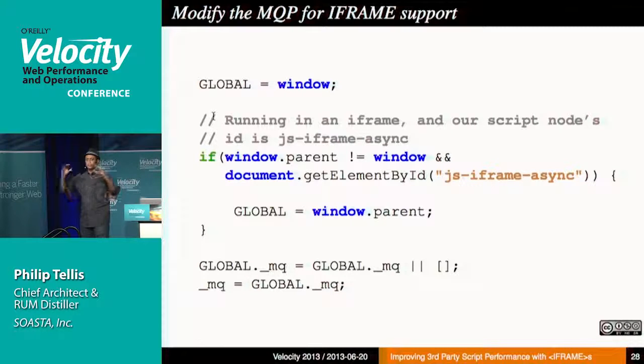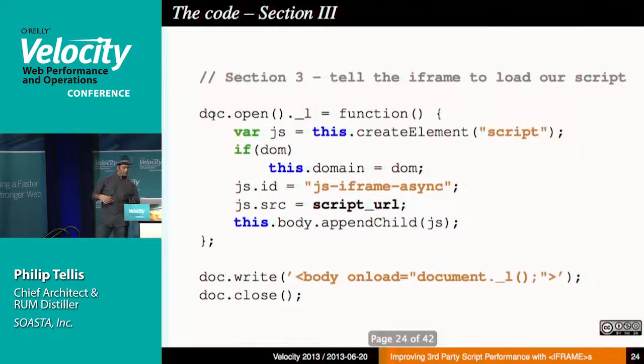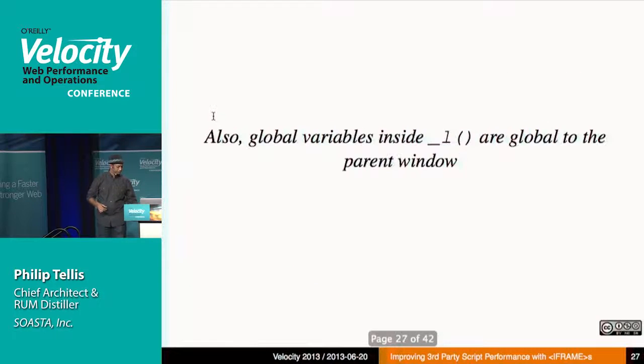So this is the first line that just assumes that the script is going to run within the parent window, either as a static script node or a dynamic script node. Then what we do is check to see whether it's running within the iframe, and if that iframe it's running in is the iframe that we created using our JavaScript up there. So if I go back there, you see I set the ID to JS iframe async. You can use any ID you want, so if you're using different scripts, use different IDs for them.